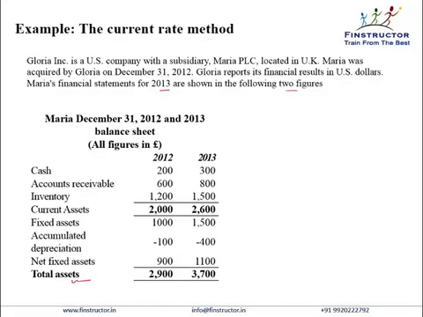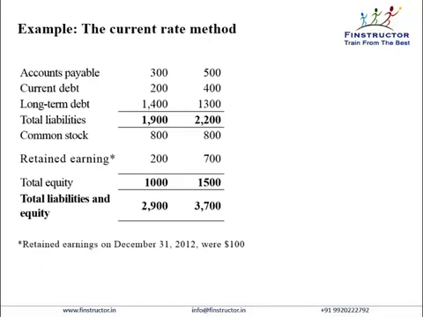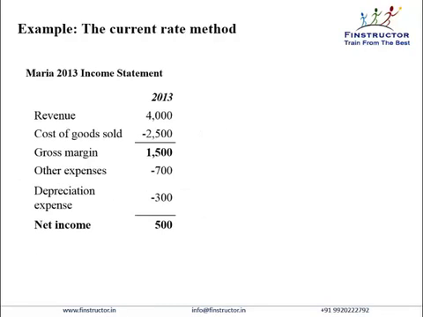So the assets side of the balance sheet is given. Please note these figures are in GBP or the British pound. The liability side of the balance sheet is also given. The income statement for 2013 is presented.